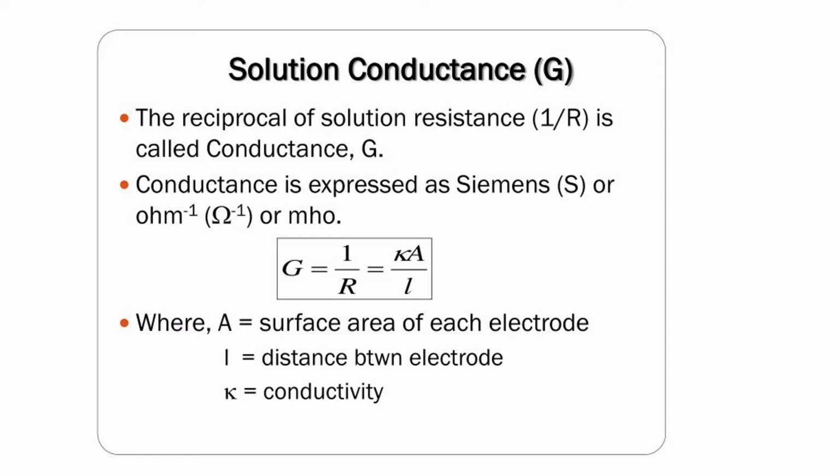We are familiar that conductance is directly proportional to the area of cross section and inversely proportional to the length of the wire. So conductance is equal to a constant K into A by L, where K is called the conductivity, or the specific conductance.